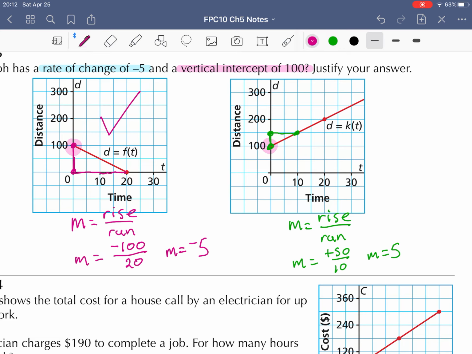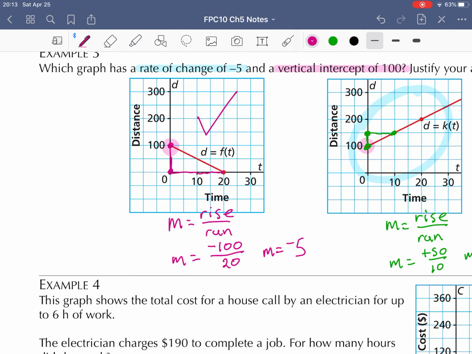A negative slope descends as you look from left to right. A positive slope ascends as you look from left to right. So it's actually pretty easy to determine which one had -5. This one over here had no chance of being a -5.